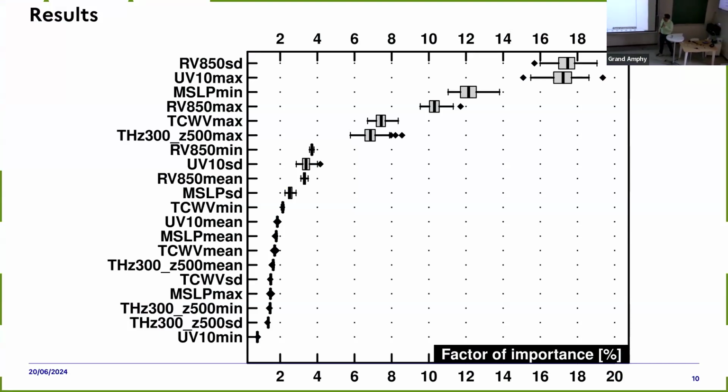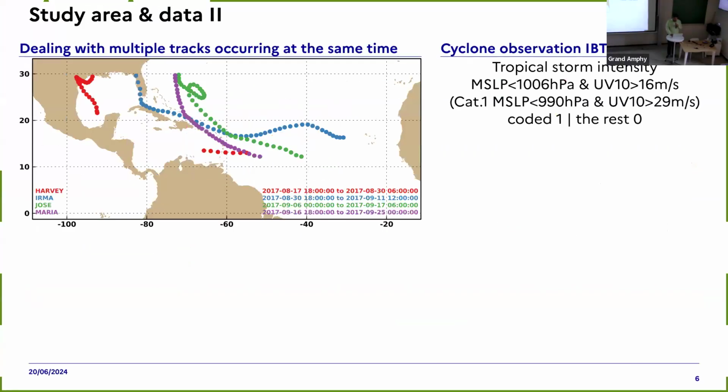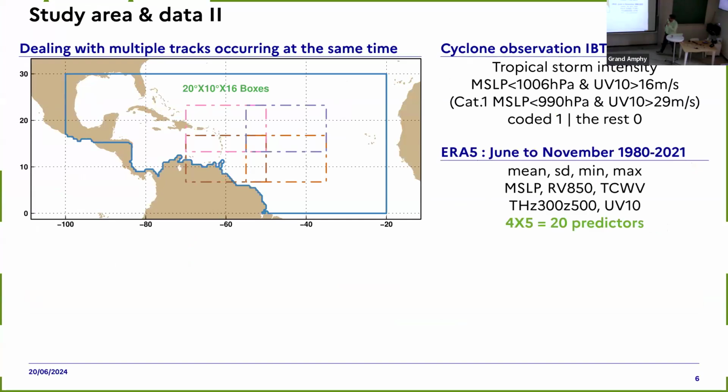Oh, sorry. Yeah, here. Okay, I completely missed the question. Sorry. Why I have that is here. If you just cut the area into different boxes, and instead of considering the data over the whole region, I summarize it for each box. I take the mean, the standard deviation, and the minimum and maximum for each one of the 16 boxes.